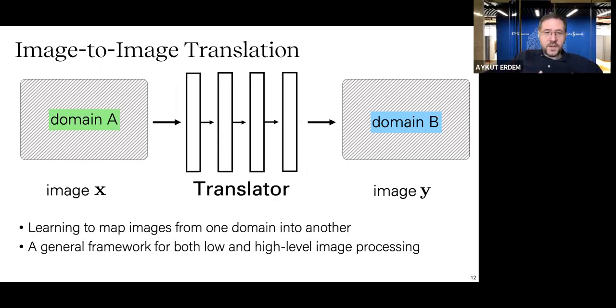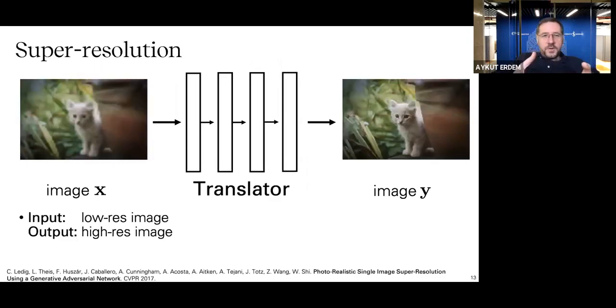And this is a really general framework. You can apply this to low level or high level image processing problems. So, as I said, this is quite general. Here is a very simple problem that does not require too much semantics, which is super resolution, where the input is a low resolution image and the output is a high resolution image, and the translator just learns to super resolve the given low resolution image.